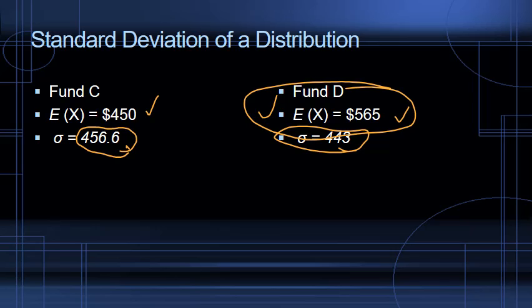And then we've done an analysis. Standard deviations were fairly close to the same. The expected value in Fund D was greater than Fund C. And based on that analysis, we would choose Fund D as our preferred investment.